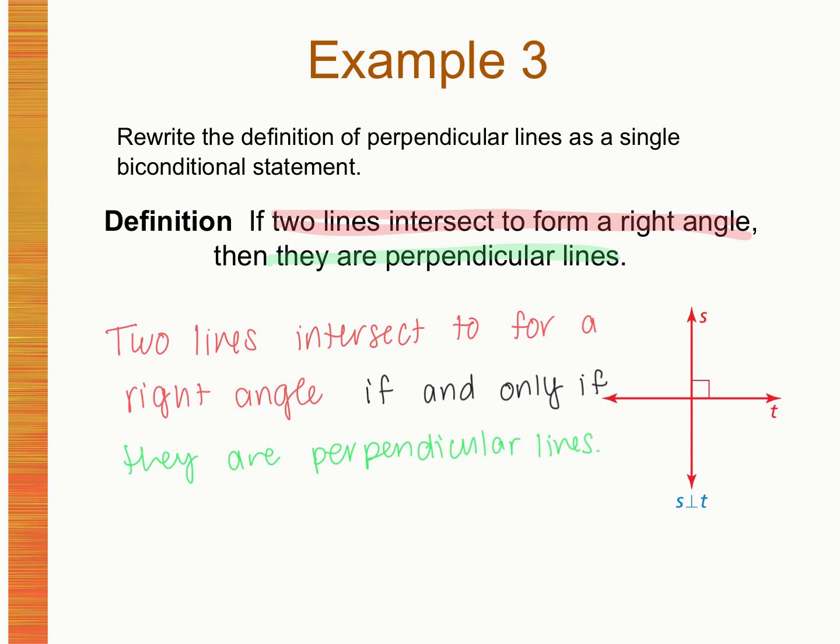Keep in mind I could also flip this one and write it as two lines are perpendicular lines if and only if they form a right angle.